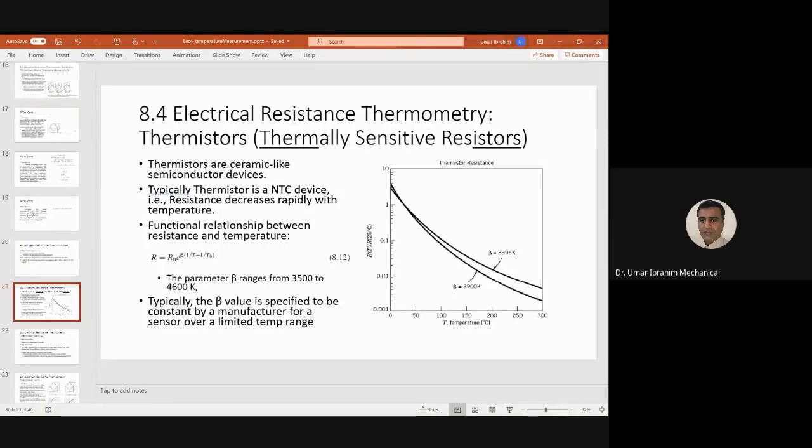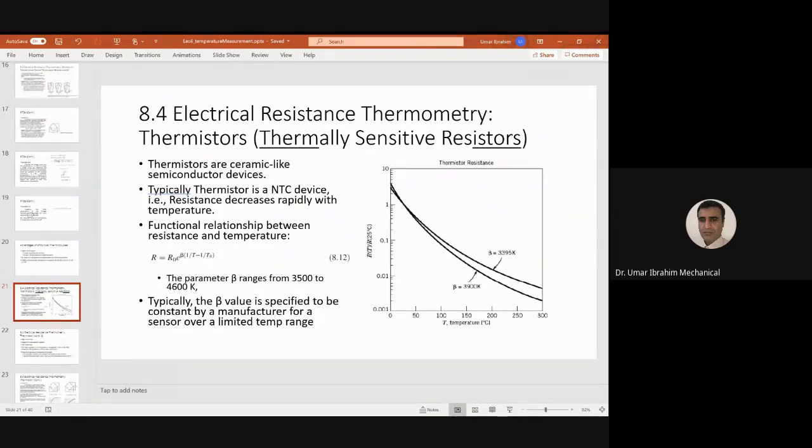and we will start electric resistance thermometry. Our topic is the thermistor, which is a thermally sensitive resistor. So what is a thermistor? Thermistors are ceramic-like semiconductor devices. Typically, thermistors are NTC devices. Their resistance decreases rapidly with temperature.